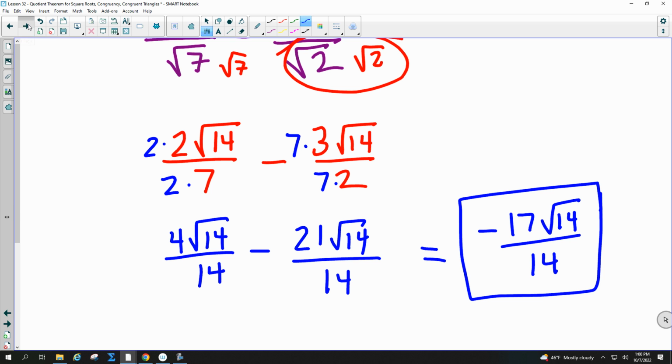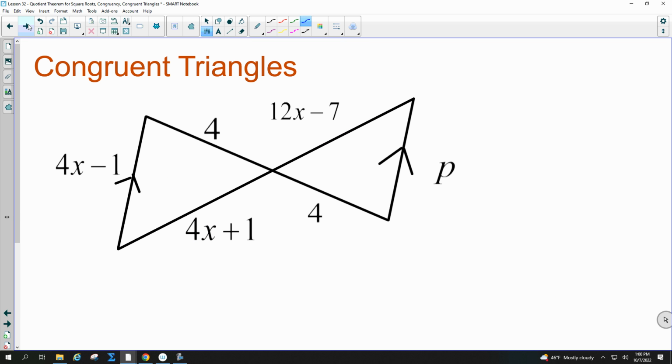All right, congruent triangles. Go ahead and draw this lovely picture on your piece of paper. Anybody notice anything just from the picture that we can mark congruent?